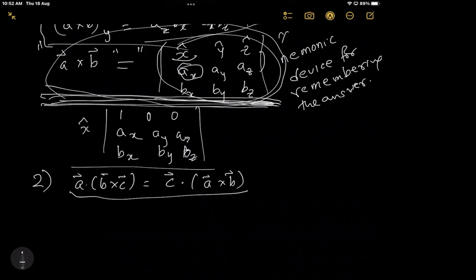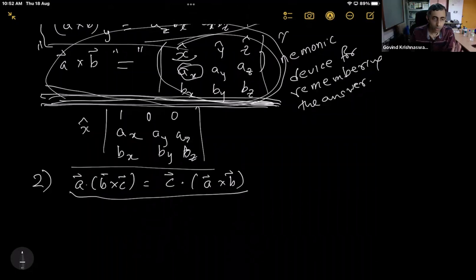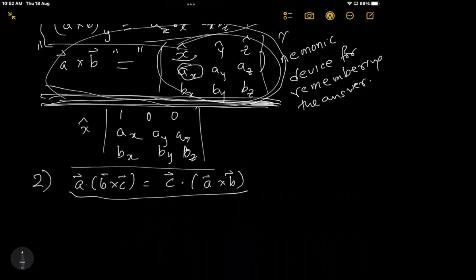Sir, it is the volume of a parallelepiped. Yeah, the signed volume of this parallelepiped. It's about the volume of a parallelepiped, but what property of the volume does this convey? Associativity. Box product. The volume of the parallelepiped is being represented by this expression.